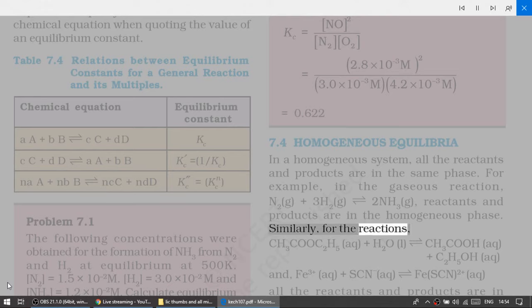Similarly, for the reactions CH3COOC2H5(aq) + H2O(l) ⇌ CH3COOH(aq) + C2H5OH(aq) and Fe³⁺(aq) + SCN⁻(aq) ⇌ Fe(SCN)²⁺(aq), all the reactants and products are in homogeneous solution phase.